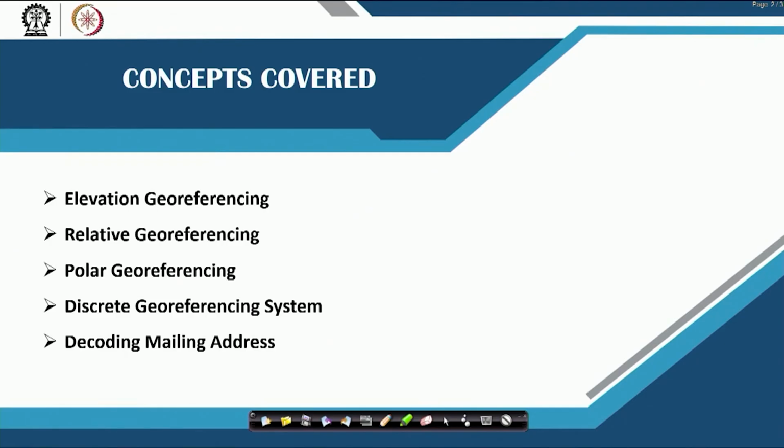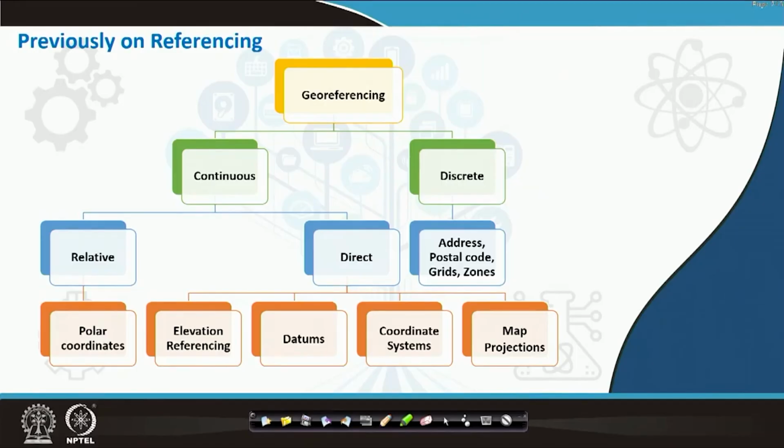For example, if I just say my name with the Indian Institute of Technology Kharagpur and 721303, it reaches me without any hassle. That means the mailing address has a certain way of looking at it. So we'll look at that.